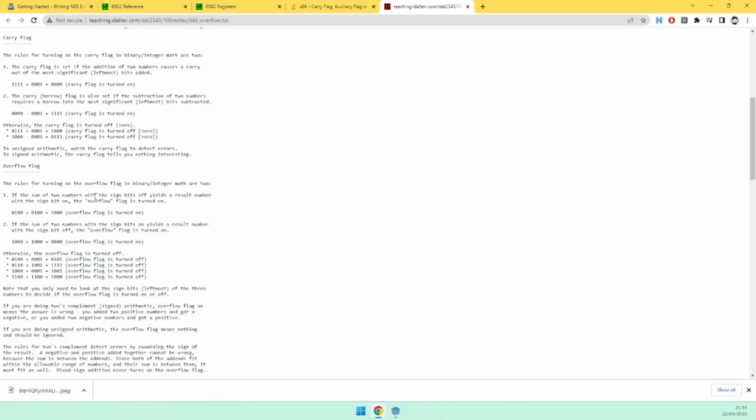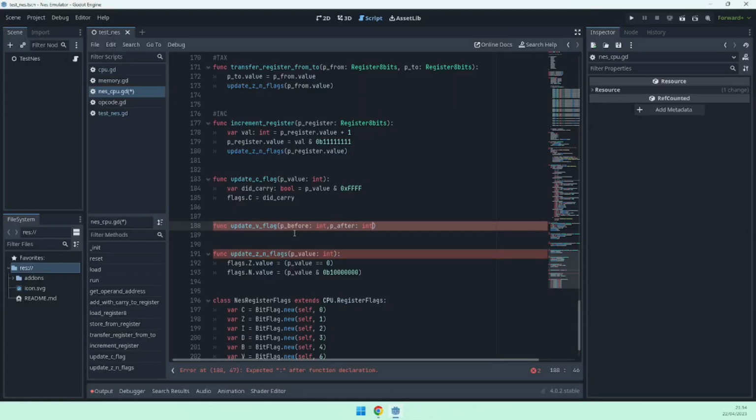The sum of two numbers with the sign bit off yields a result with the sign bit on. The flag is turned on. So let's name this A and B, and name this result.